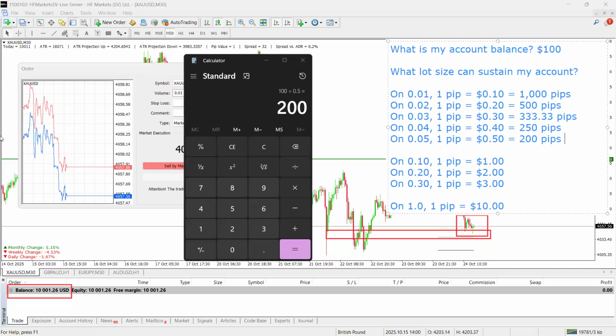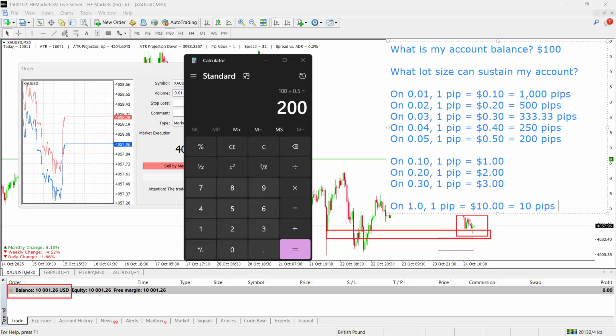Now, imagine someone who has a $100 account and is trading 1.0. In this case, at $10 per pip, you only need 10 pips before that account is wiped off. It does not make too much sense. Even though leverage will make it possible for you to open that trade, your account cannot carry that trade.